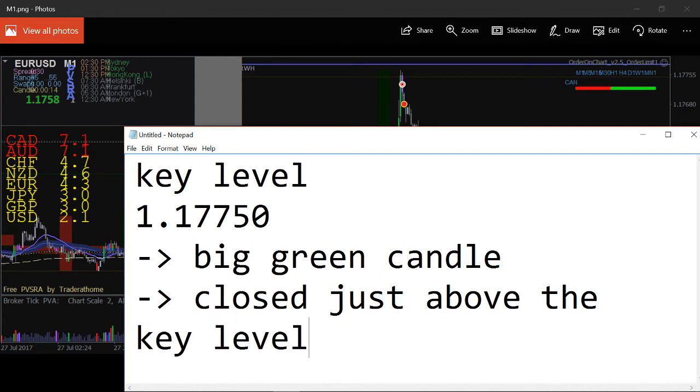So this is a very typical counter trade entry. Why?